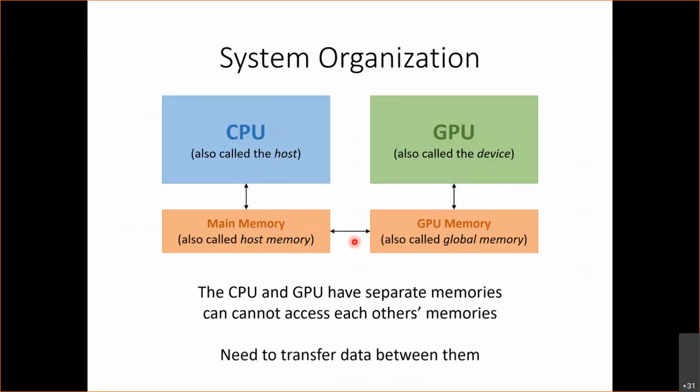One kind of interconnect is PCIe, which is very commonly used. Another interconnect is NVLink, which is specific to NVIDIA, but the general one is PCIe. So the main memory of the CPU is going to be connected to the global memory of the GPU using some kind of interconnect like PCIe.